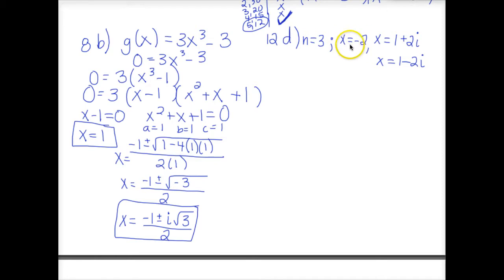So x equals negative 2 means that x plus 2 is going to be one of our factors, because we subtract, we change the sign on whatever this is. So for these ones, I would do x minus 1 plus 2i, and I'd do x minus 1 minus 2i, because again, all we're doing is x minus negative 2, which became a plus.